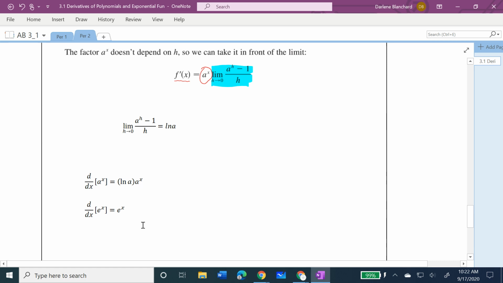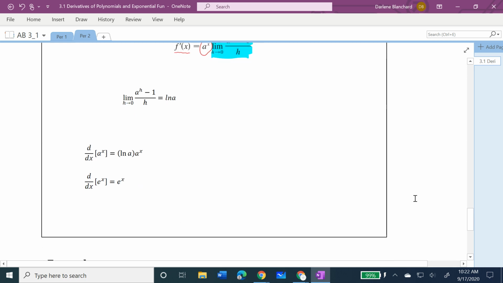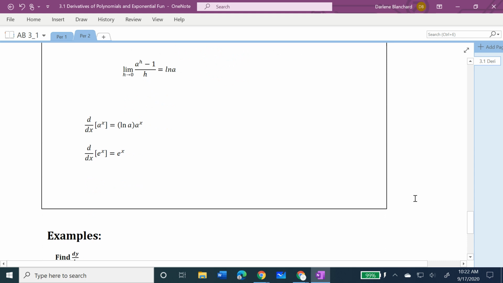In today's homework, you're going to be using the derivative of e to the x formula. In later homeworks, the other one is going to come out, but I really feel it's important to go through this process to come to that conclusion. And so I'm trying to quick run through it to be able to get through the 50-minute lesson.